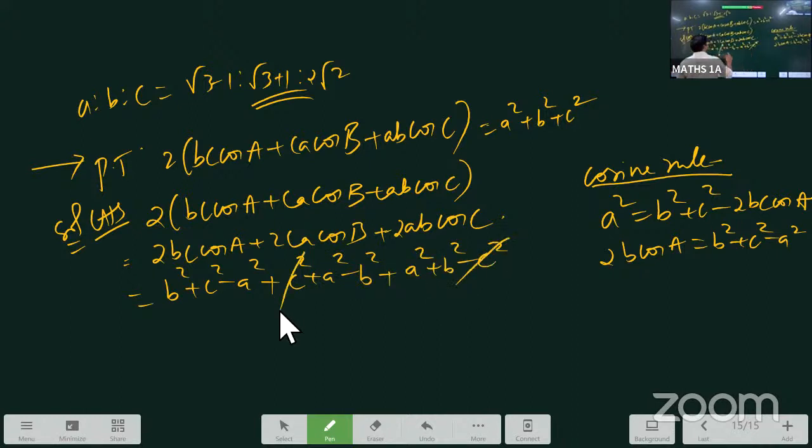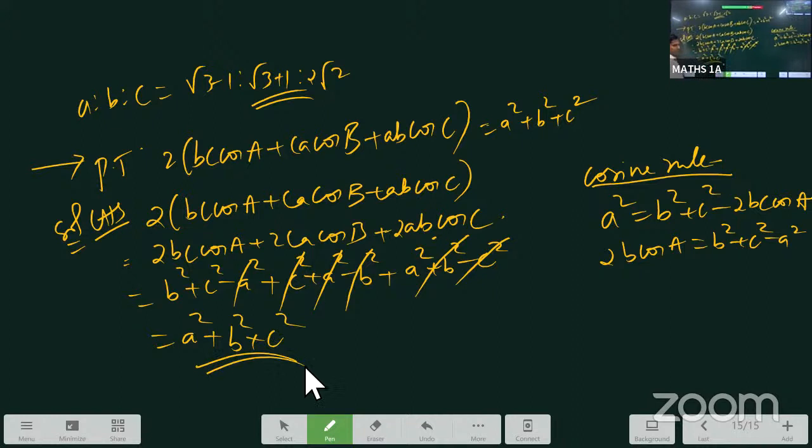So minus C square plus C square, minus B square plus B square, A square and A square get cancelled. Whatever is left out is A square plus B square plus C square. So this is your final answer. Is it clear?